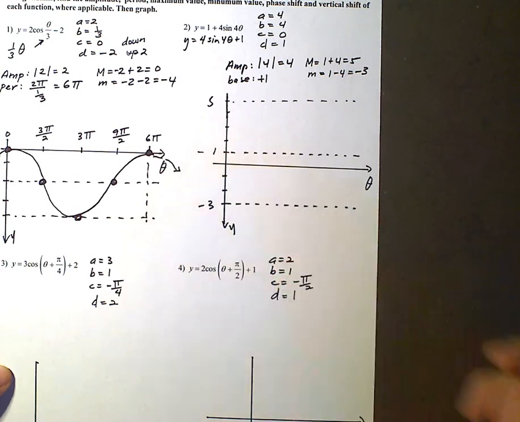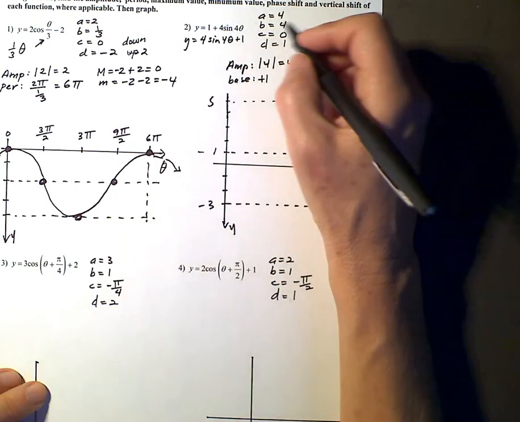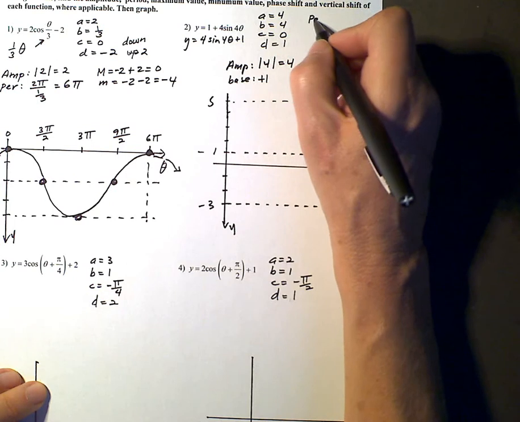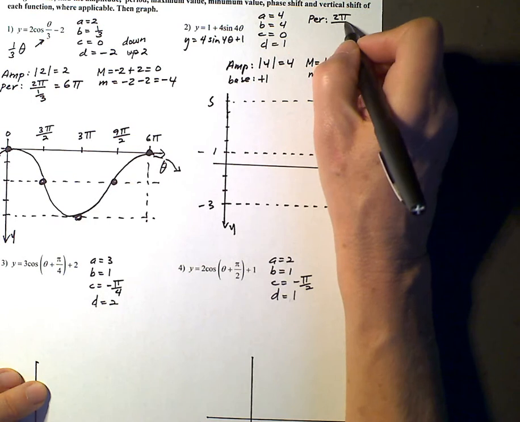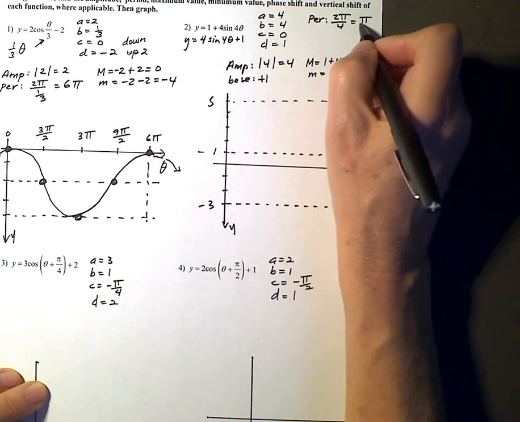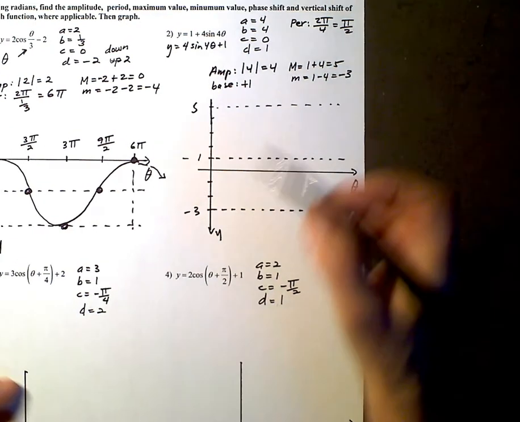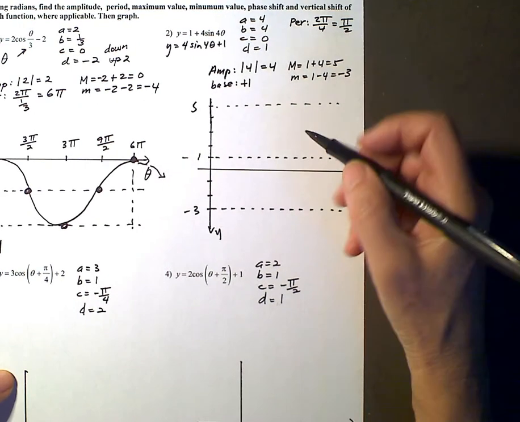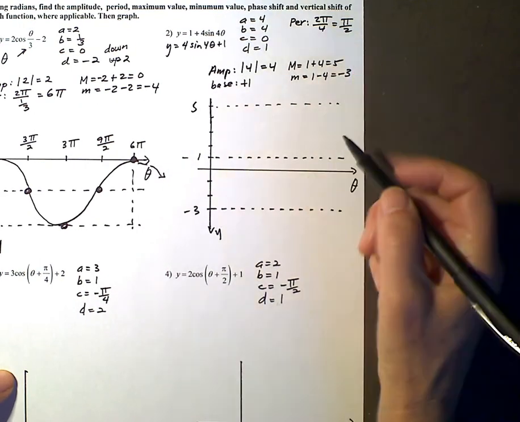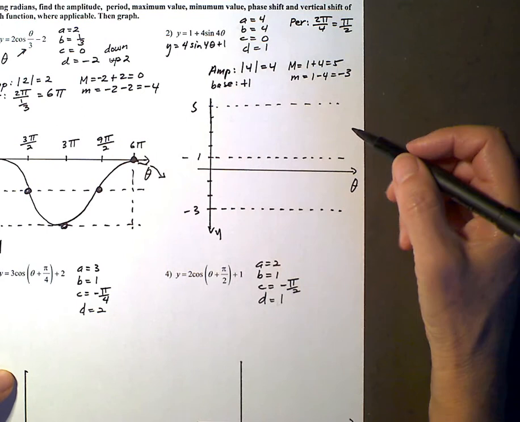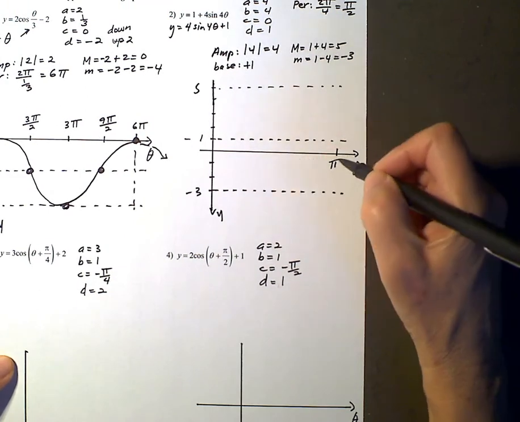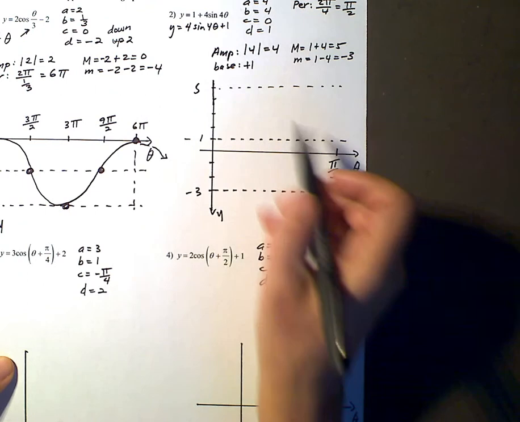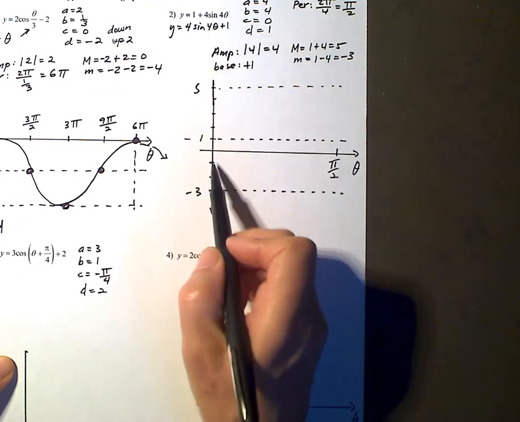Now this function has a period of 2 pi over B, and B is 4, so 2 pi over 4, or pi over 2. So this is a fast function. It does a whole cycle in just pi over 2. On a real scale pi over 2 would be closer, but if I just spread it out here, if pi over 2 is here, and there is no horizontal shift, so I'm still starting at the y-axis.